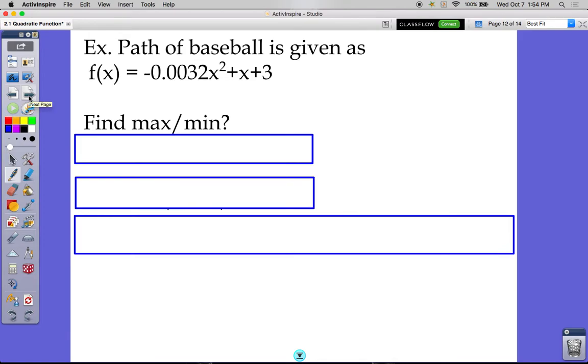As I always like to end the lesson, the path of a baseball is given by f of x is equal to negative 0.0032 x squared plus x plus 3. Those of you that have taken physics or are in physics, you're going to get to a chapter that talks about projectile motion.